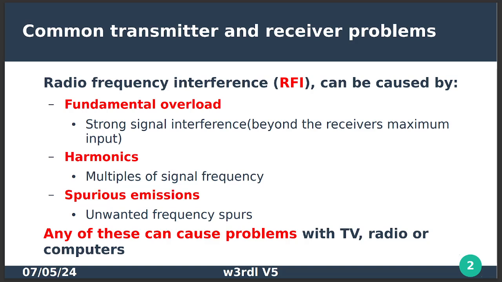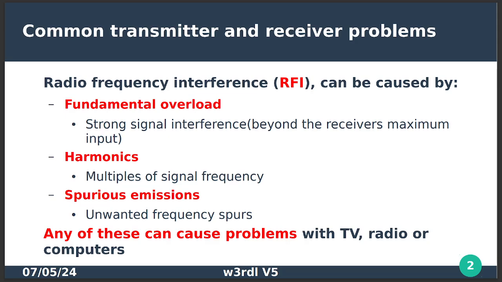Spurious emissions are unwanted frequency spurs, and any of these can cause problems with TV, radio, or your computer. And this is a thing, computer is right. Wall warts are going to cause problems usually. So you have to unplug them or turn the power off to them.